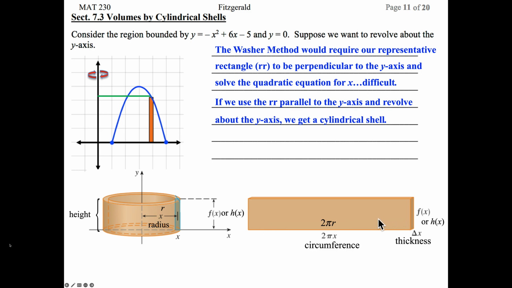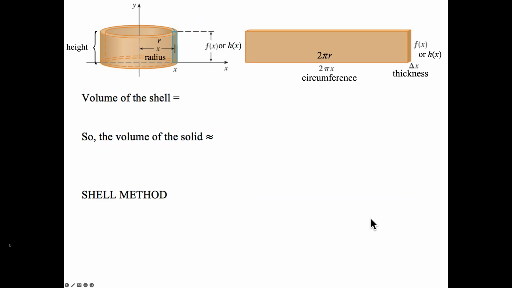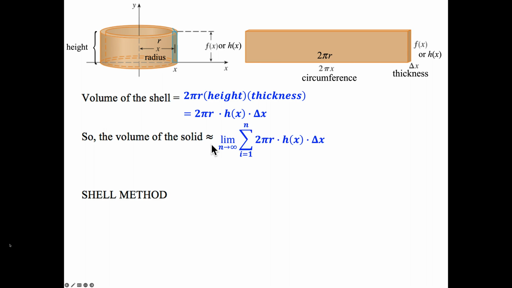So as we create our formula, 2 pi r, that's our length, times our height, h of x or f of x, times your thickness. If we use limit notation, here's our approximation of all these little boxes.